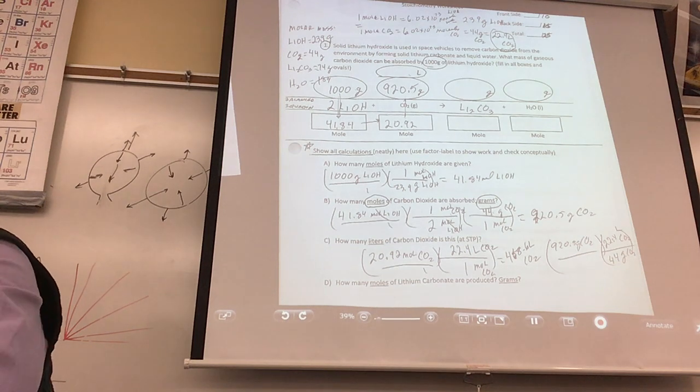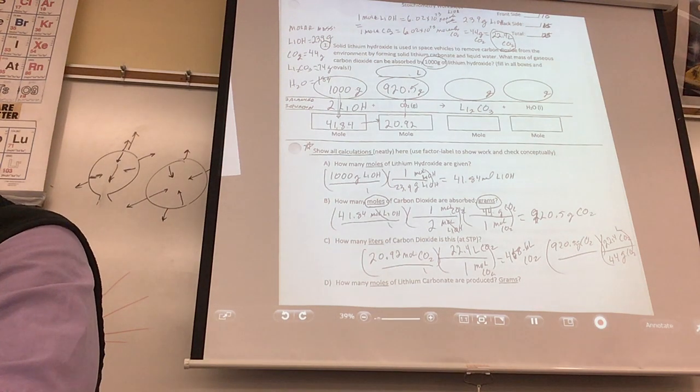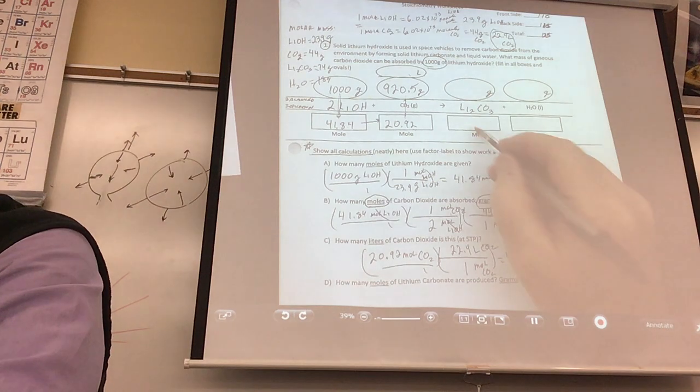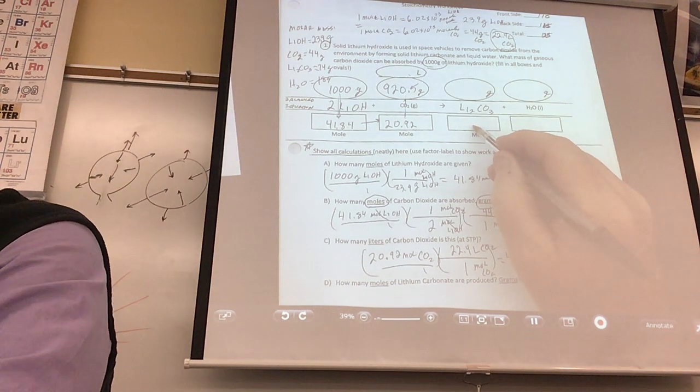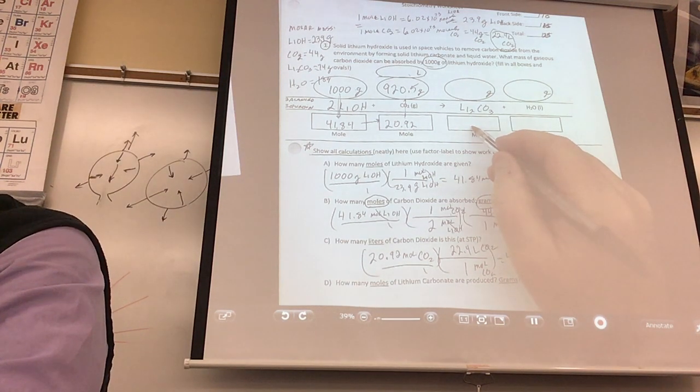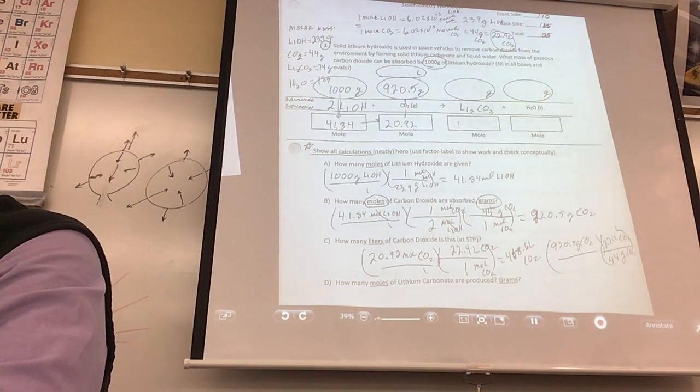Okay, let's try the next one. How many moles of lithium carbonate are produced? So they want me to find that. So what are you going to start as your given? Which one do you want to start as your given? I want to find this, but what do I start my problem with?